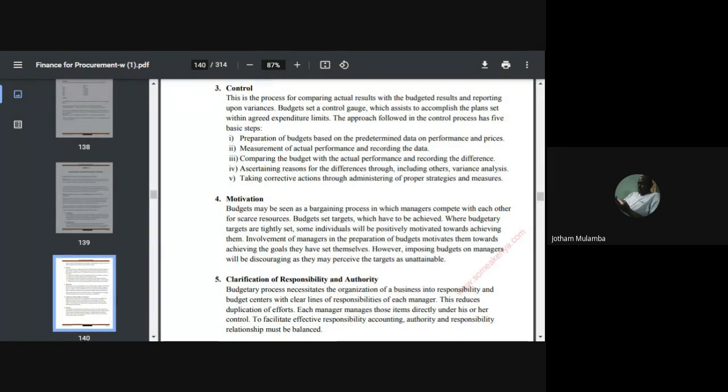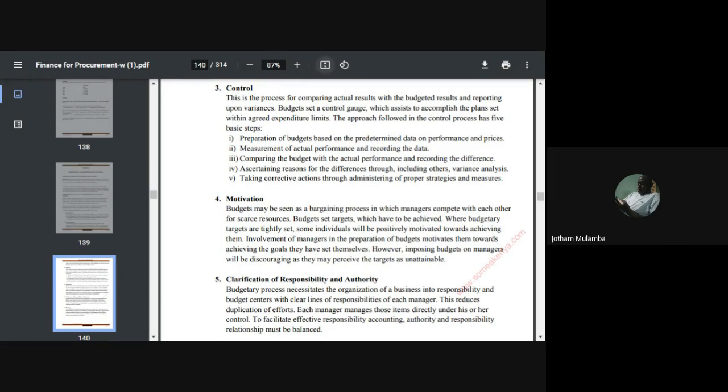That means there's a saving, and with the saving you feel motivated because you have achieved something. And if you are to generate 50,000 in revenue and you have generated 60,000, again you feel motivated because you have surpassed your target. So when it comes to expenditure and you have spent less than what you were to spend, we become motivated. If it comes to revenue and you have generated more than what you were to generate, again you become motivated.